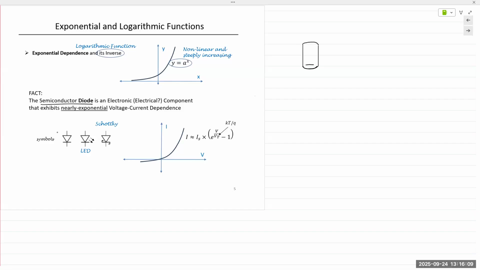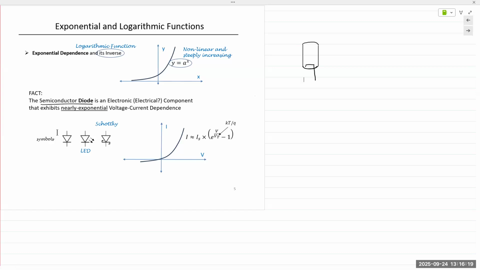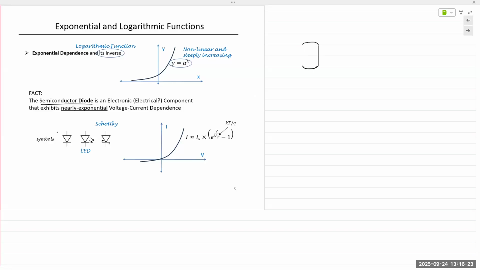And there would be a cathode, and there would be a filament like a light bulb in there. It's a filament.